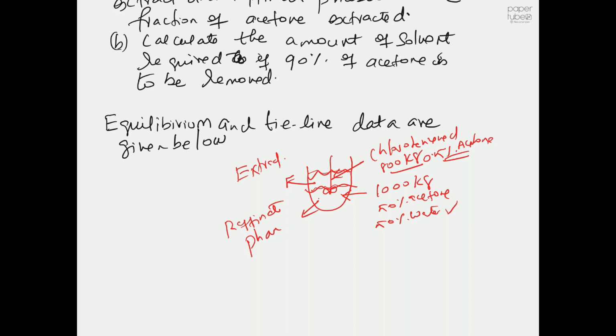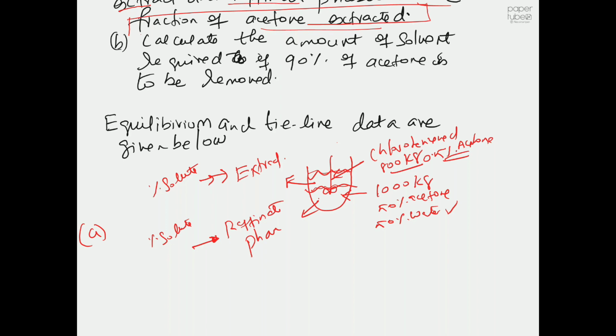The first part of the question is to determine the composition of extract and raffinate phase, and also the fraction of acetone extracted. So what we need to know is the percentage of solute in the extract, and the percentage of solute in the raffinate. So this is part A, and part A also contains one more question, which is what's the fraction of your acetone extracted.